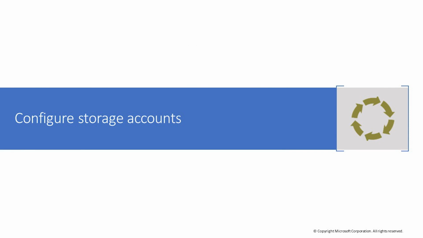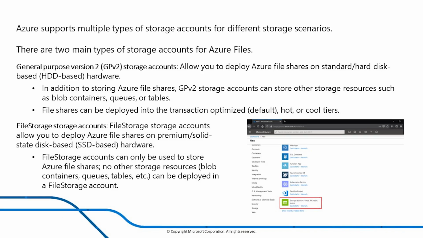So the different types of storage I'm talking about are all in front of you now. General purpose version 2, which is called GPv2, is very helpful in which you can easily deploy your file shares, standard hard disks, SSDs. Here we are talking about the unmanaged.